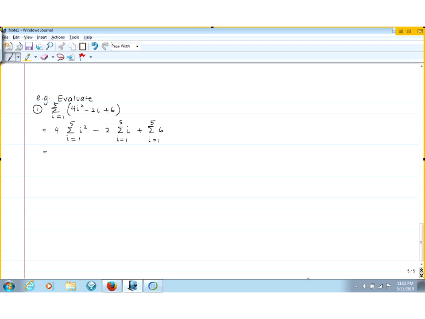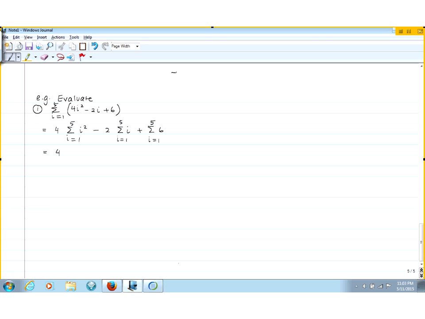Alright, so what is this? I'm using the formula. So the 4 sigma i squared will be n times n plus 1 times 2n plus 1 all over 6. So what is n in this case? n is the upper bound, so n is 5.